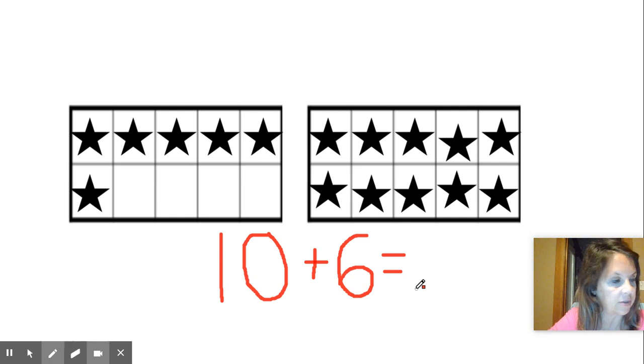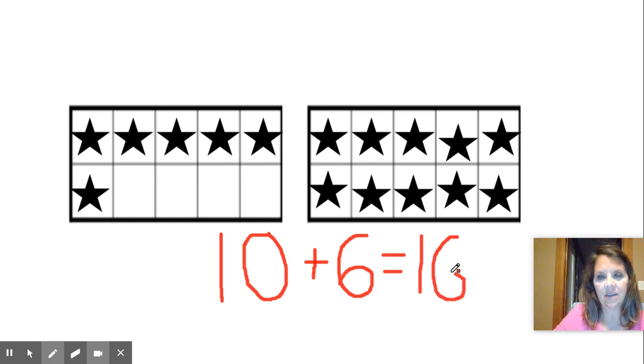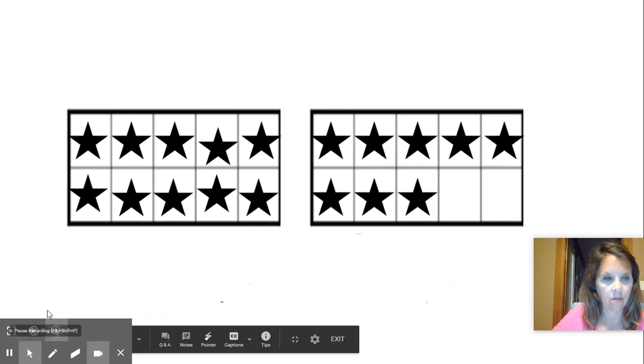I'll pause and see what you came up with. All right, you are right, 16. 10 plus 6 equals 16. 16 means 1 ten, that's this thing, and 6 extra ones. That's what 16 means, okay?